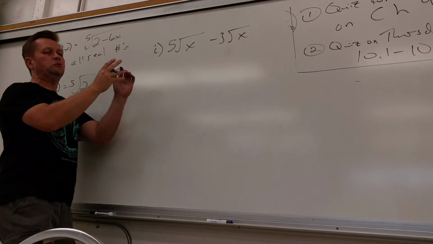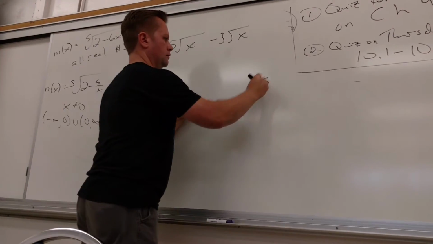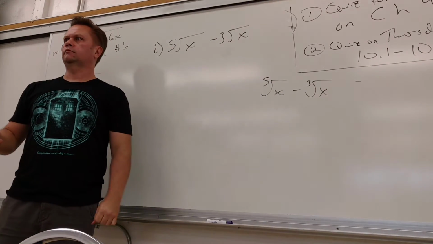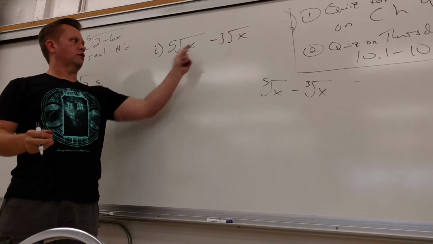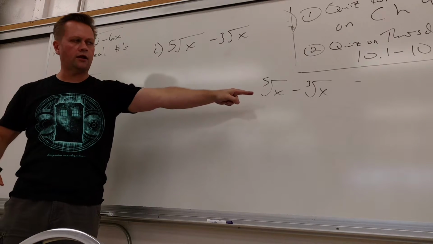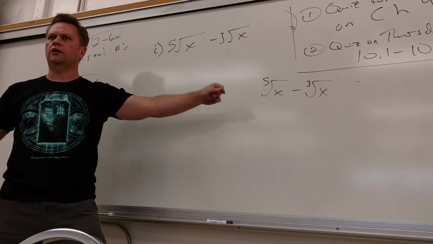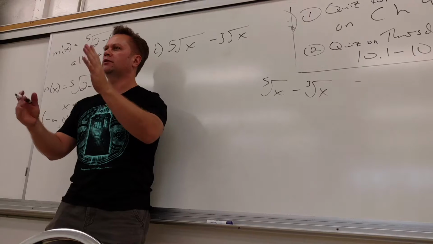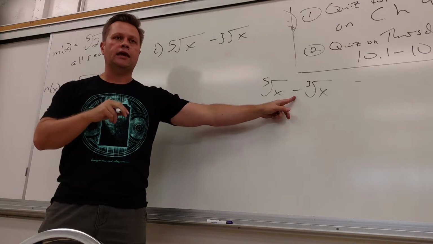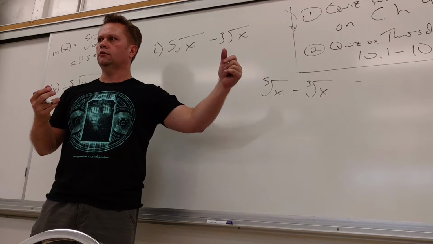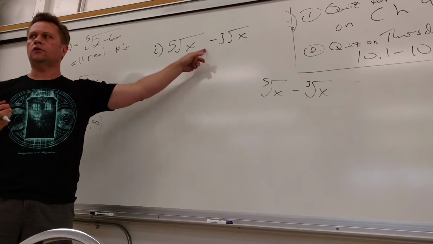Now remind me, how do I do this? Does everybody see the difference between that and that? The 5 and the 3 are coefficients. There they are, roots. These are called the indices of the roots. This I can't do because they're not like terms. This, all day long, yes.